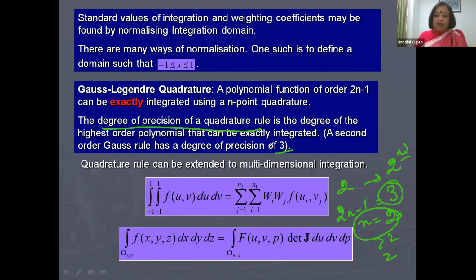So there are two ways of looking at it. If you have a 2n minus 1 polynomial function, then you must use an n-point quadrature. And if you use an n-point quadrature, then the degree of precision is given by the highest order polynomial that can be exactly integrated. So in this case, it is 3.